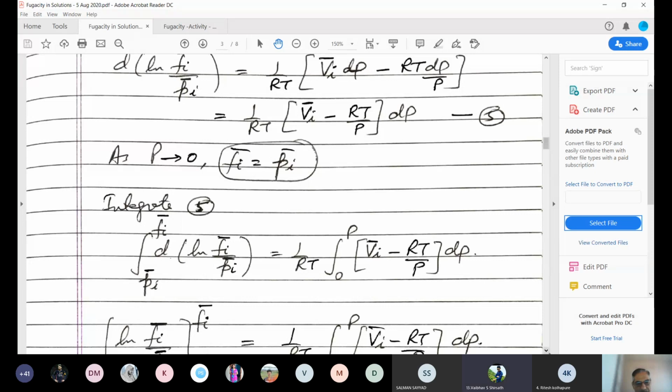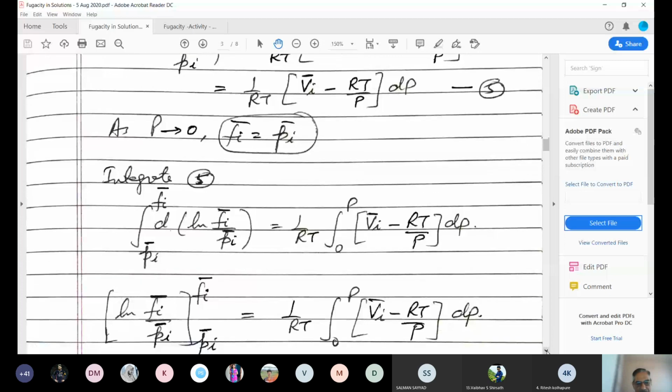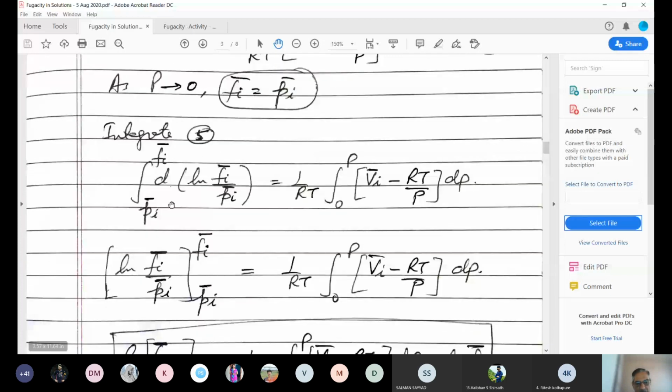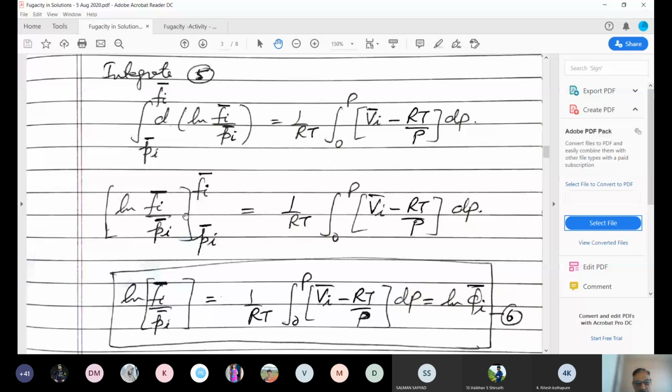Okay? Okay, sir. So if you put this, the integral will be ln of Fi bar by Pi bar from Pi bar to Fi bar equal to 1 upon RT integral 0 to P, again the same thing, Vi bar minus RT by P dP. When you put the upper limit, it is ln of Fi bar by Pi bar, and the lower limit is ln of Pi bar by Pi bar. What is ln of Pi bar by Pi bar? 0, right?